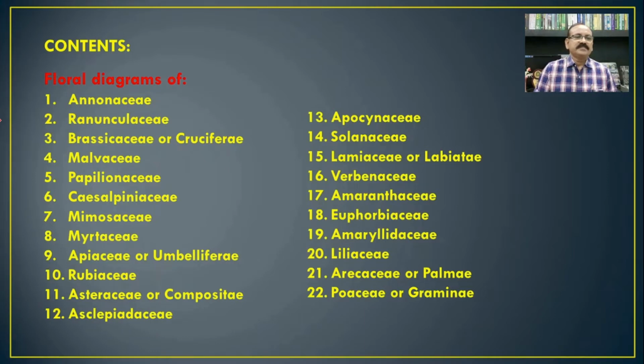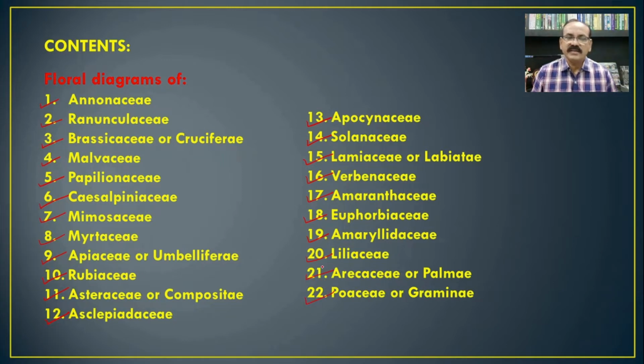Dear students, we will cover the floral diagram of the families Annonaceae, Ranunculaceae, Brassicaceae, Malvaceae, Papilionaceae, Caesalpiniaceae, Mimosaceae, Myrtaceae, Apiaceae, Rubiaceae, Asteraceae, Asclepiadaceae, Apocynaceae, Solanaceae, Lamiaceae, Verbenaceae, Amaranthaceae, Euphorbiaceae, Amaryllidaceae, Liliaceae, Araceae, and Poaceae.